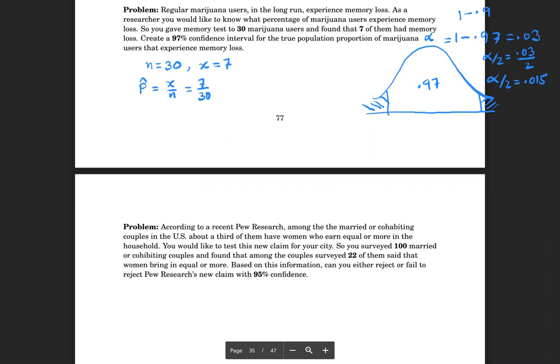Now we are going to look at z sub alpha over 2. Somebody tell me what is the z value you got for 0.015? Anyone got it? Jerry, you got it?